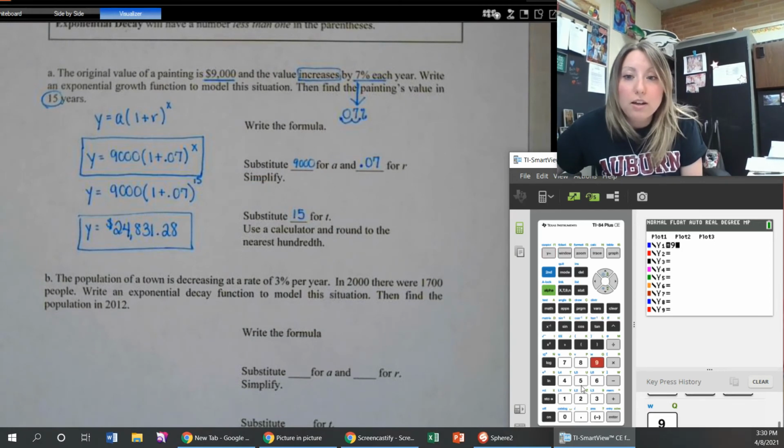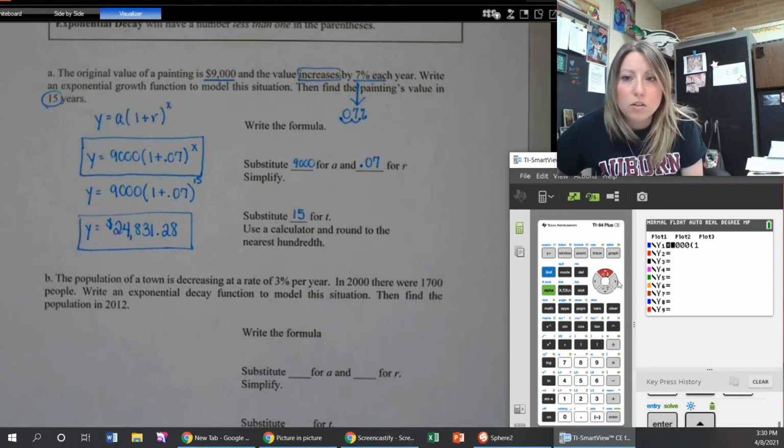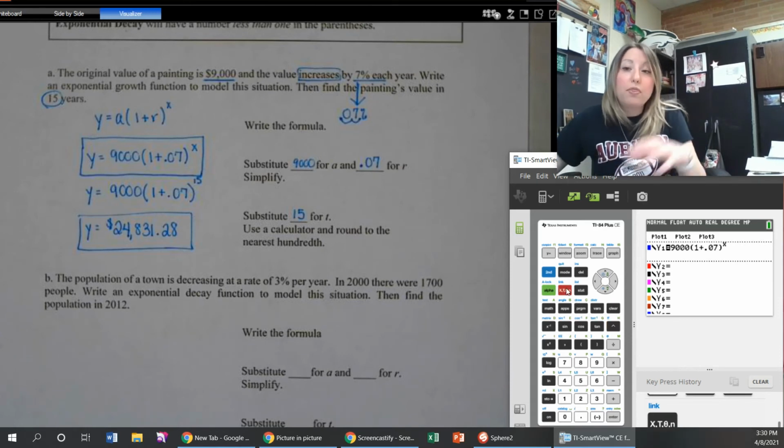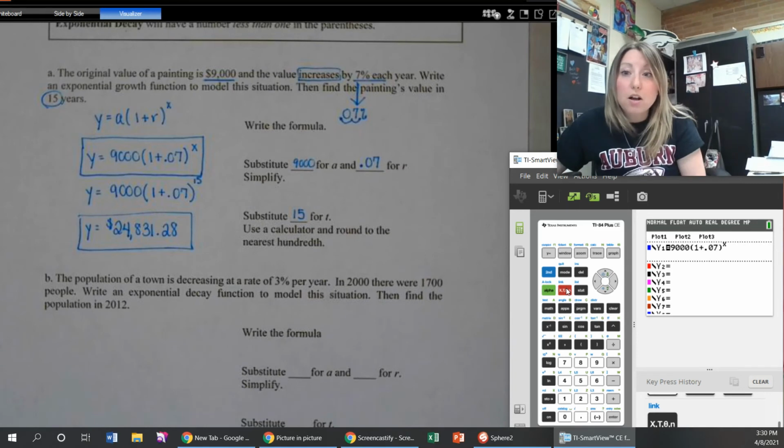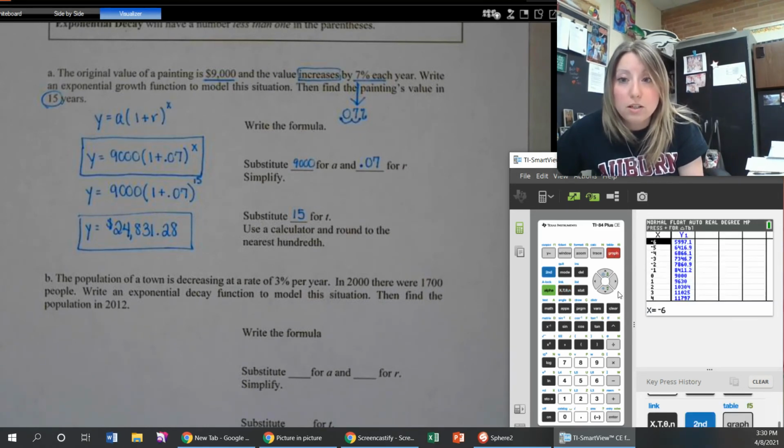So 9,000 times (1 plus 0.07), end parenthesis, caret, and then this is where we put an x. So we want this to be different depending on what year, because I'm going to press second and graph to see my table of points.